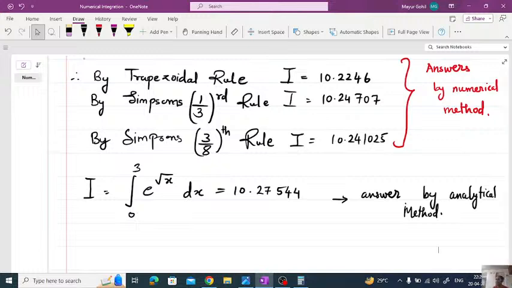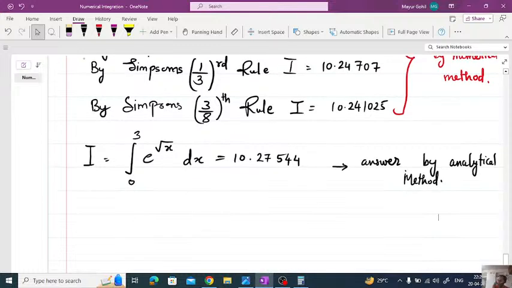If you ask any student, they won't be immediately able to start the integration. But if somebody knows numerical methods, that person will be able to get very close to the original answer. So this is why numerical methods are very important.